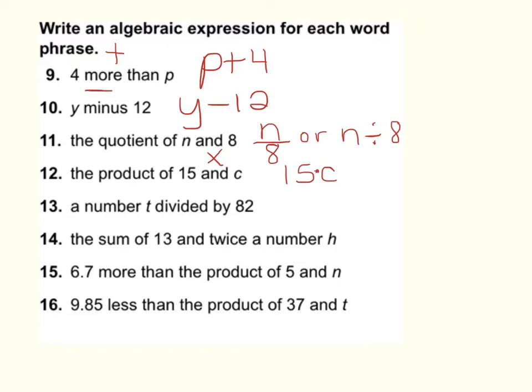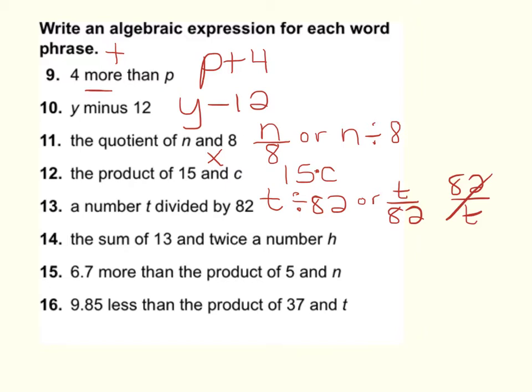Number 13, a number T divided by 82, or we can write this as T over 82, not 82 divided by T. That is not the same thing.